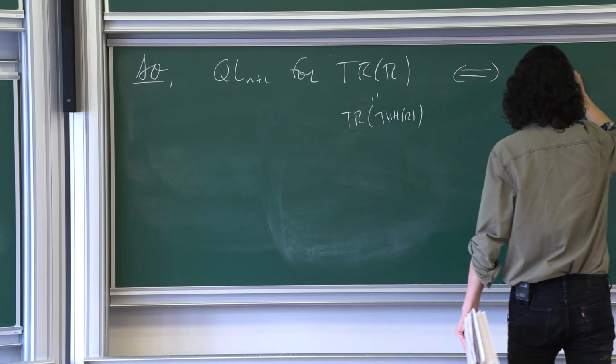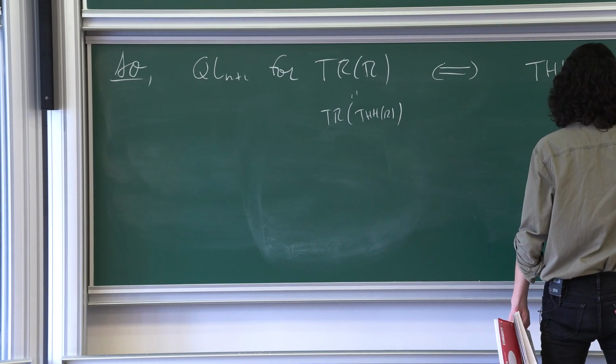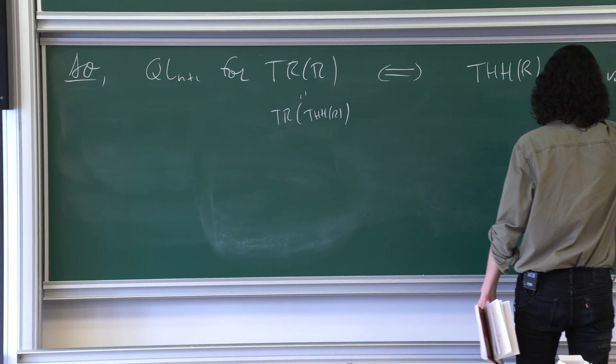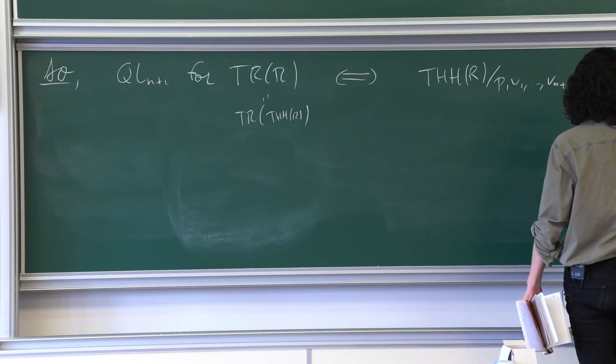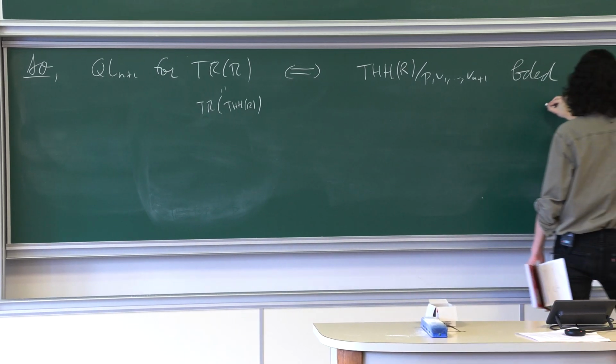Right, this means that THH of R mod P, V1, up to Vn plus 1 is bounded in the Nikolaus-Scholze T-structure.